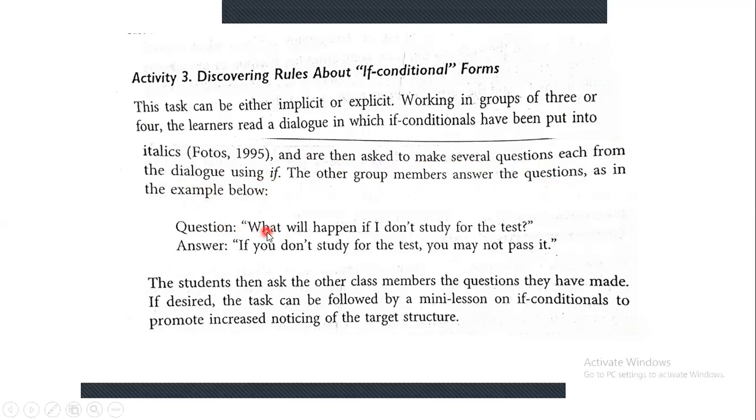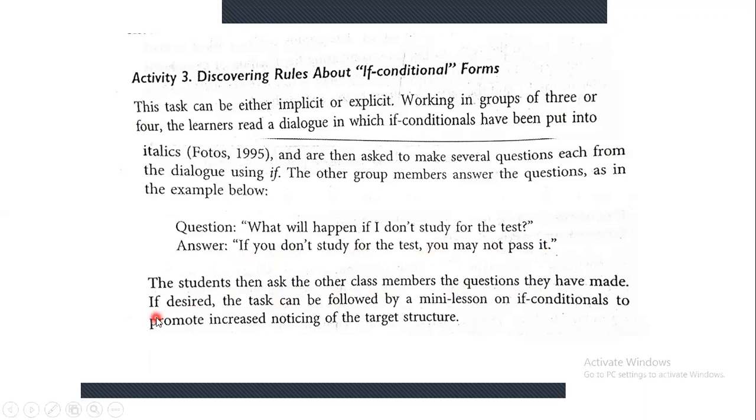Question: what will happen if I don't study for the test? Answer: if you don't study for the test, you may not pass it. Very good. The student then asks the other class members the question they have made.